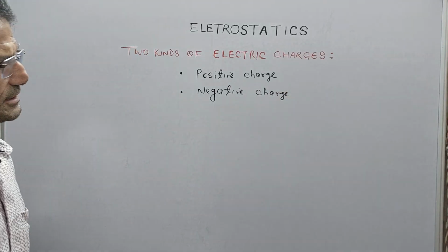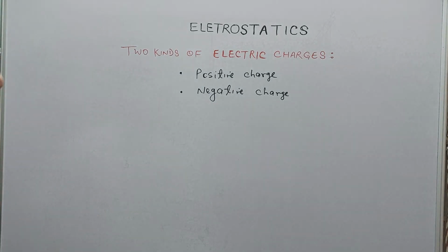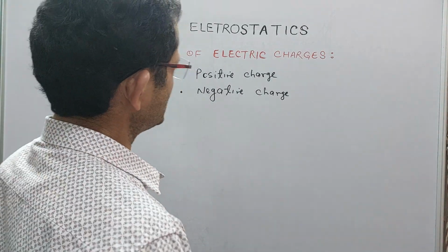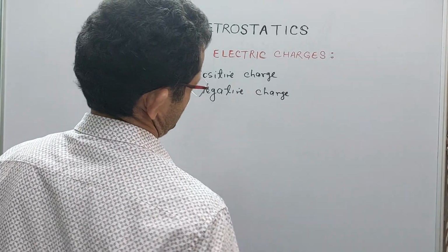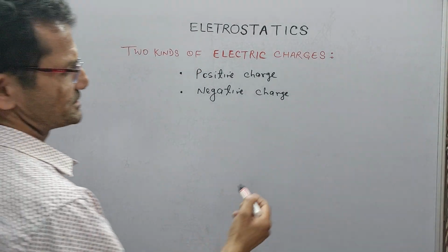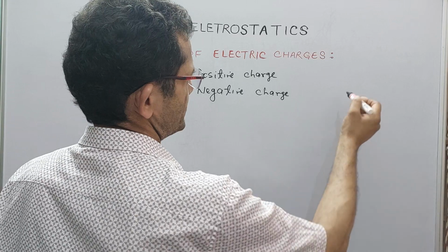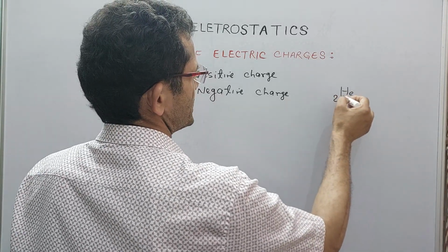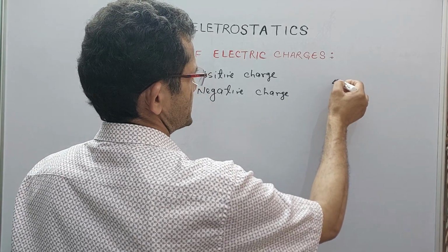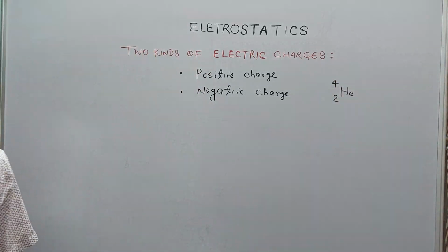Since every object is made of atoms, if an atom is electrically neutral, it has an equal number of positive charges and negative charges. Let us take an example of helium. In a helium atom, the atomic number is 2 and the atomic mass is 4.